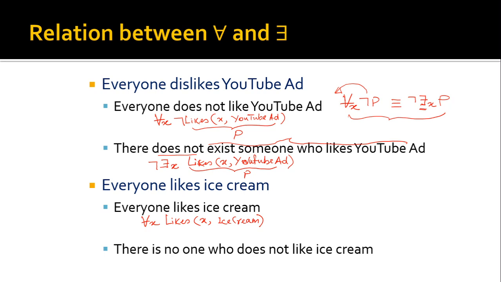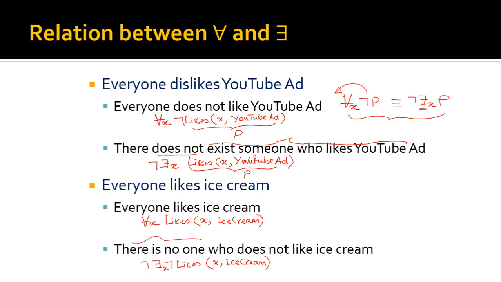And the second way of saying this is: there is no one who does not like ice cream. So first let us encode does not like ice cream. How do we write that? We write something like this: not likes x ice cream. And we need to now say that there is no one, so you just say there exists no one.